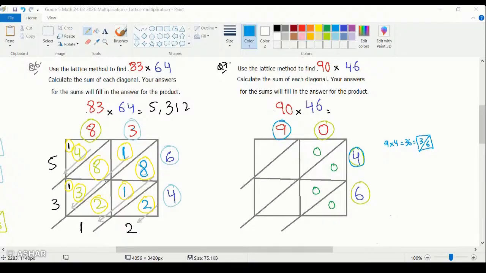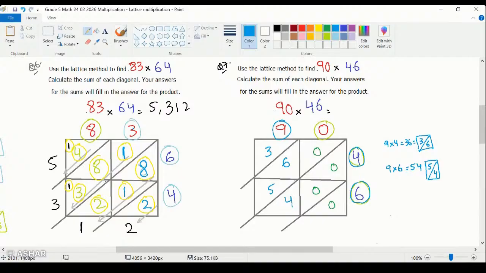Now 9 multiplied by 4 is 36. We can write 3 and 6, right? Then we have 9 multiplied by 6. 9 multiplied by 6 is 54. And we can write 54 as 5 and 4.